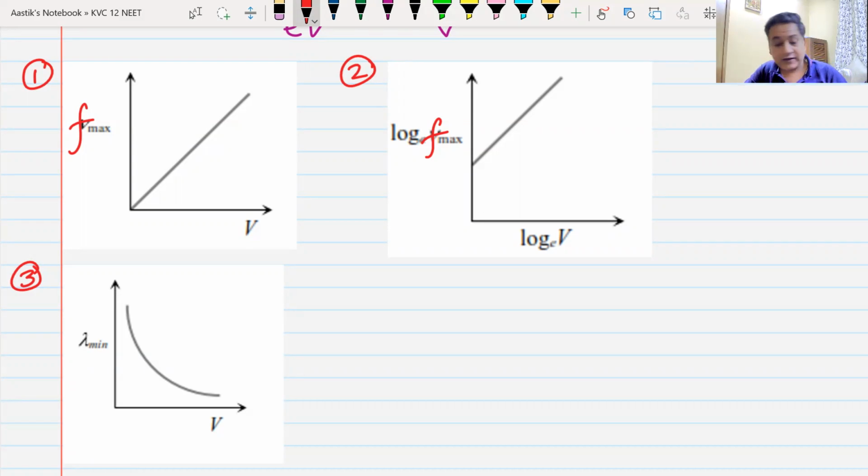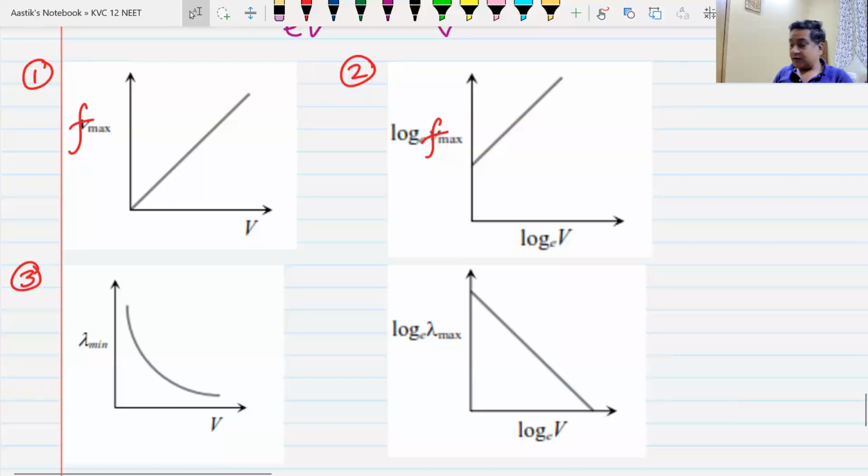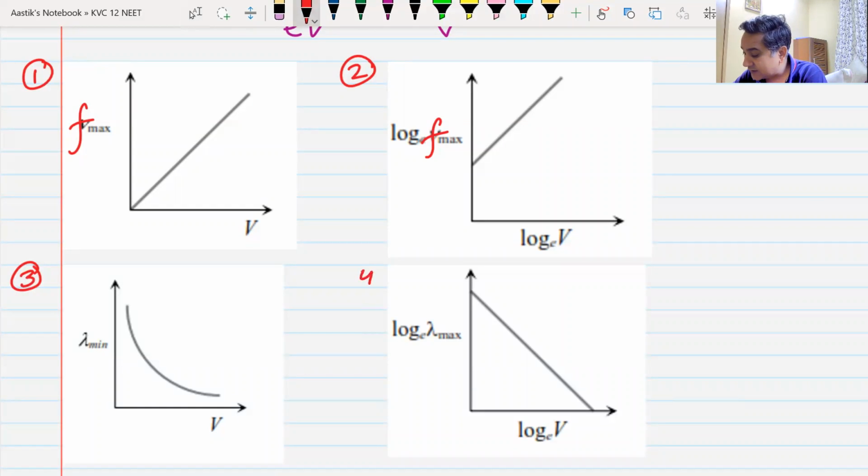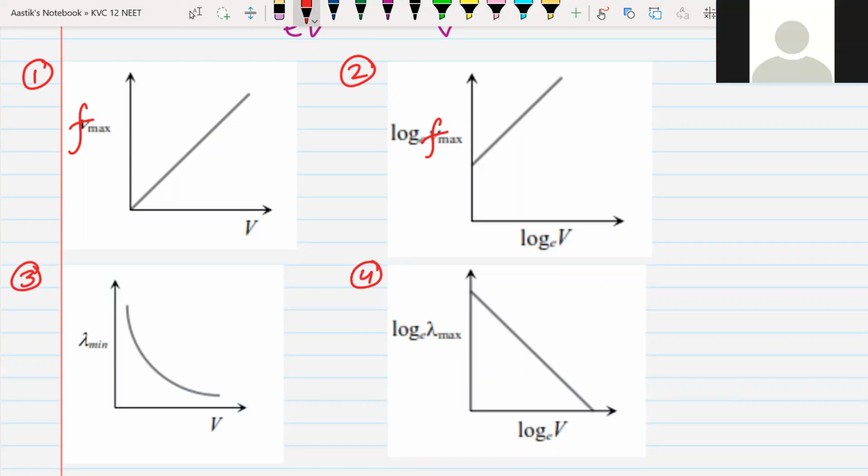And in the fourth graph, we'll talk about log. Logs are very famous these days. The graph on logs looks like this because it has a negative slope. These are the 4 graphs. When they make your paper very tough, then they can give you these graphs. So please note them down.